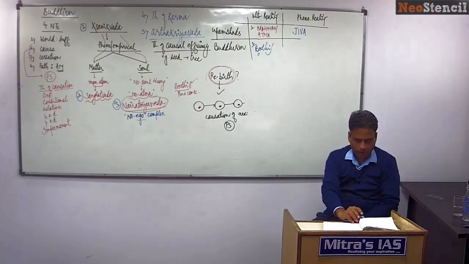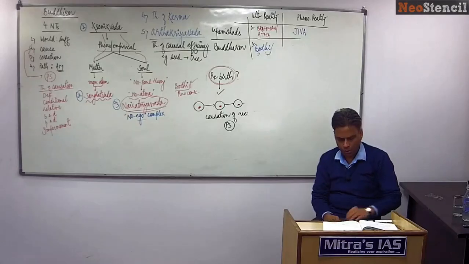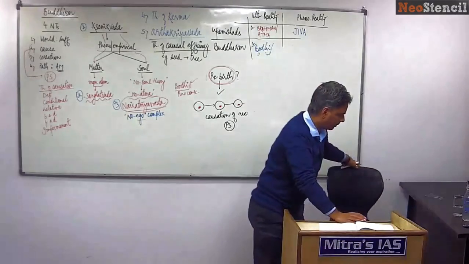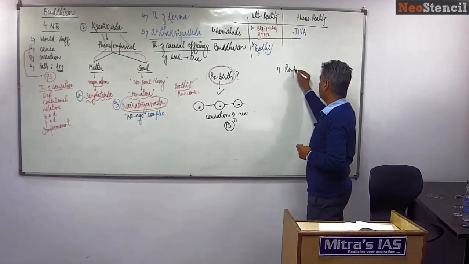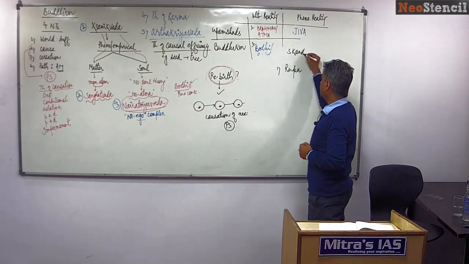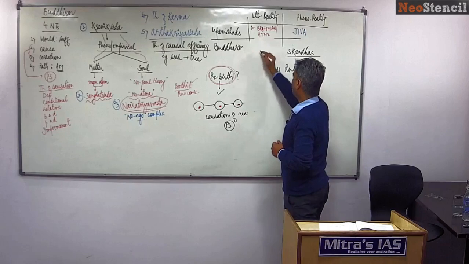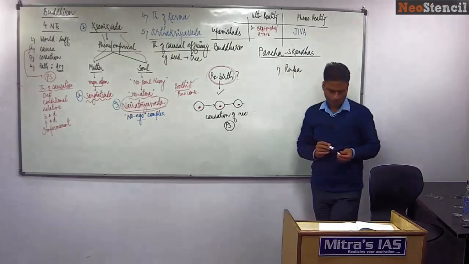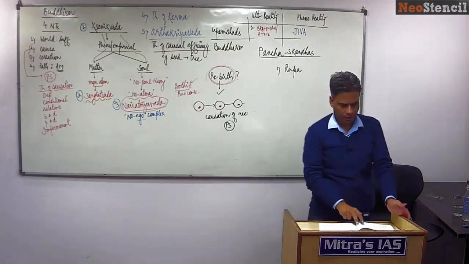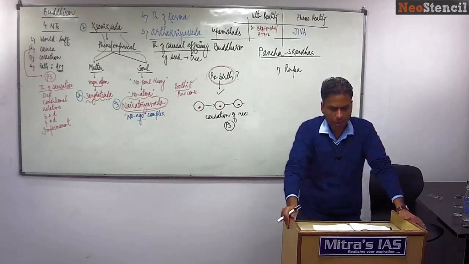Next point. According to Buddha, the so-called soul is an aggregate of 5 fleeting skandhas, that is pancha skandha.